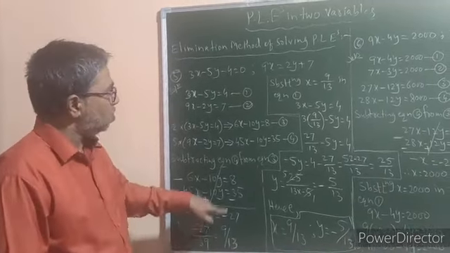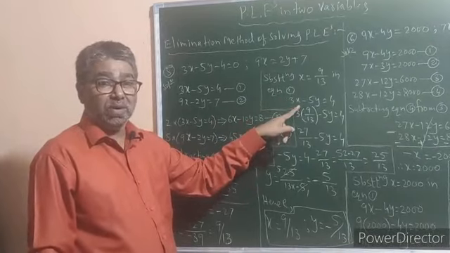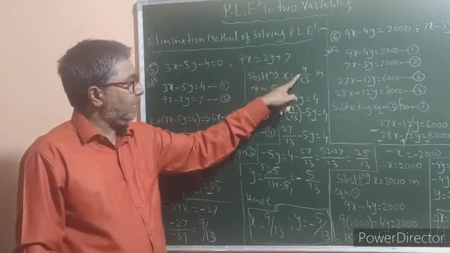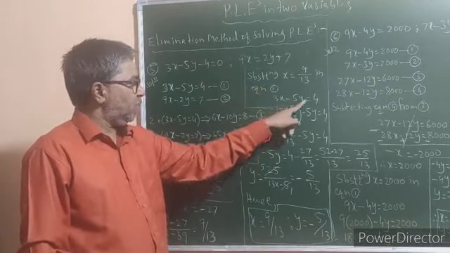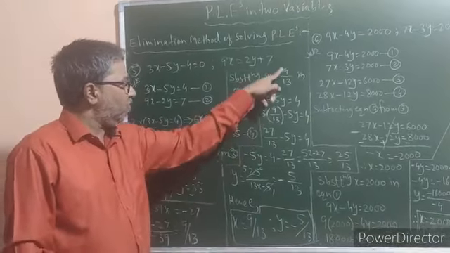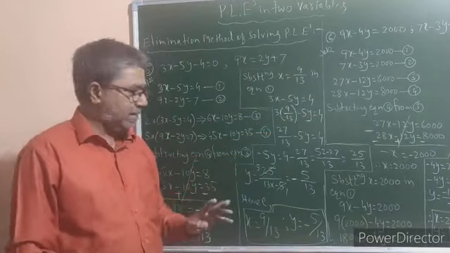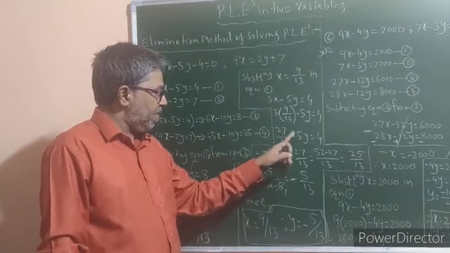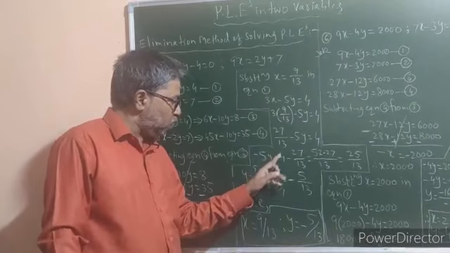Let us substitute this value in equation 1 to get the value of y. So substituting x is equal to 9 upon 13 in equation 1. So 3x minus 5y is equal to 4 is equation 1. 3 into bracket, value of x is 9 upon 13, minus 5y is equal to 4 as it is. Now 3 9s are 27 upon 13 minus 5y is equal to 4.